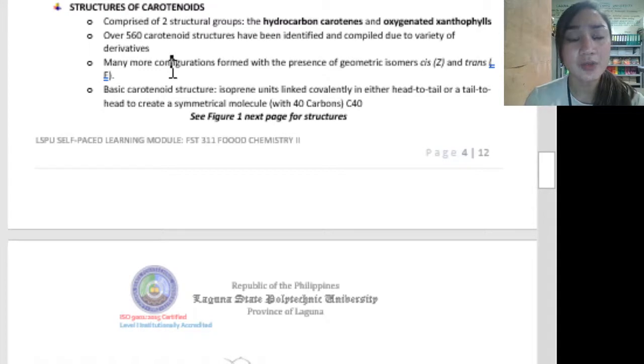There are many more configurations formed with the presence of geometric isomers, such as the cis configuration and trans configuration. If you forgot the structure of cis and trans, you might as well look it up on the internet, because by now you should really know what cis and trans configurations are, since it was discussed a long time ago when you were still in organic chemistry.